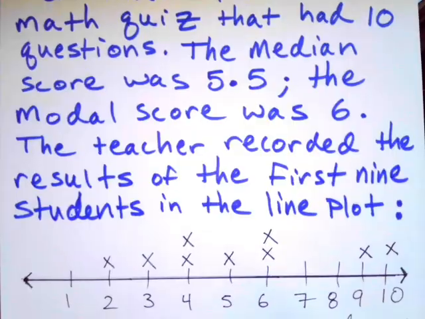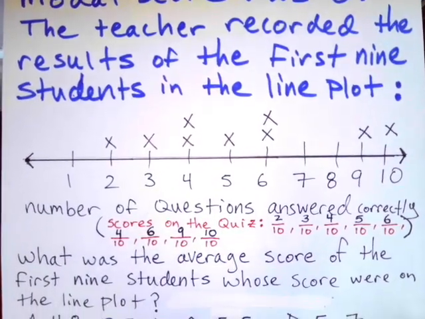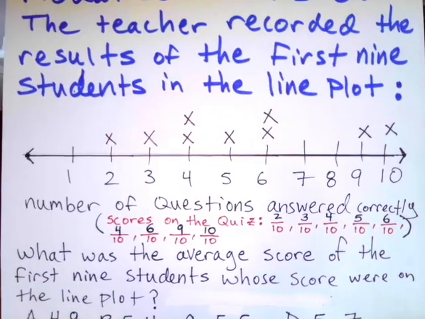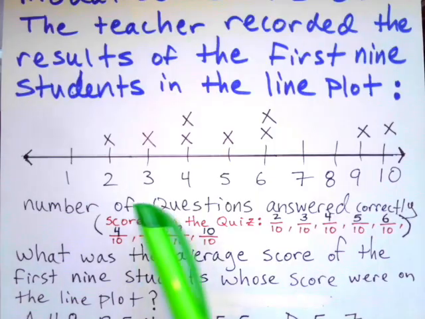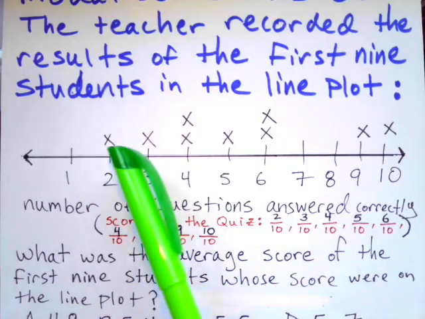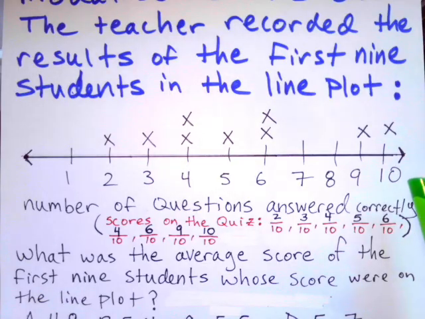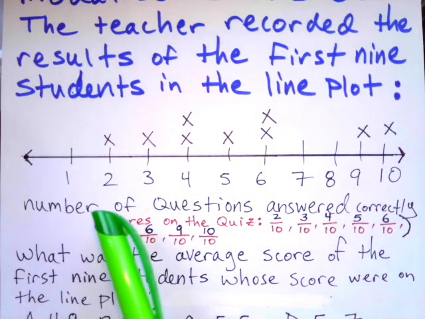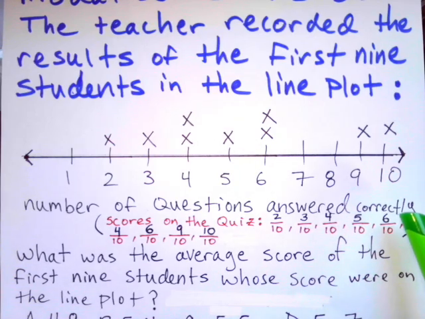So let's take a look at this line plot here. Again, only 9 scores, right? There were 10 questions, and only 9 of the students' scores were reported for the number of questions answered correctly on the quiz, right?